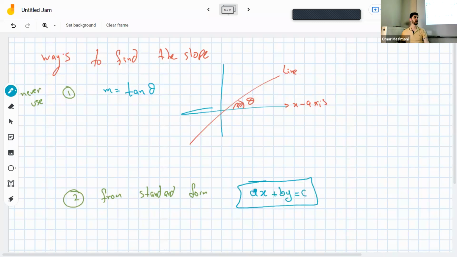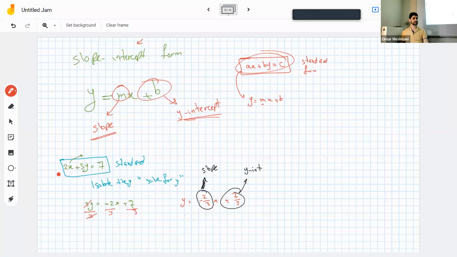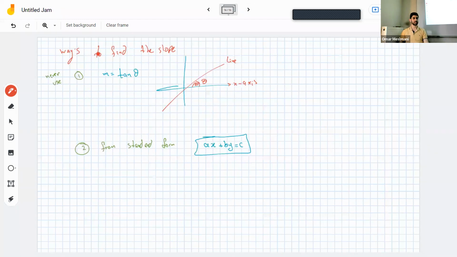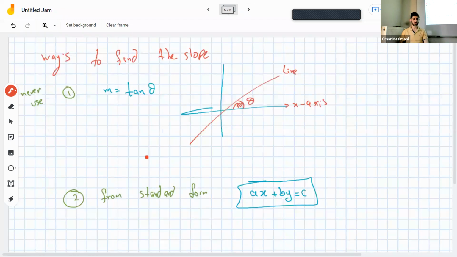This is standard form, and if he asks you directly to find the slope, how will you find it? Here, basically, you can do as I did in this example. I have a standard form equation, and I'm looking for the slope, which I found to be -2/3. I can do this by isolating the y, or I can apply a formula.